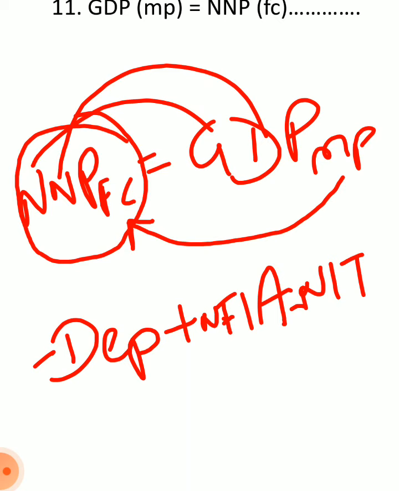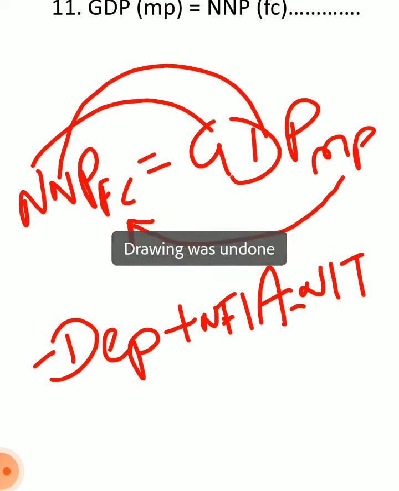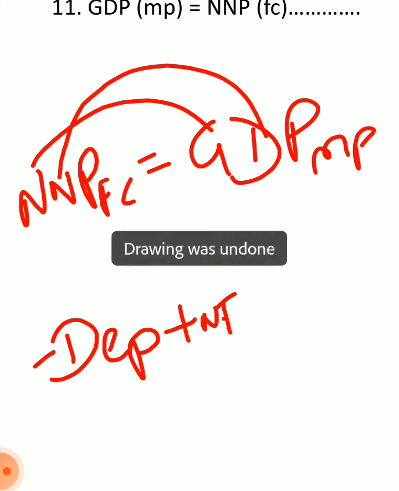So for converting GDP MP into NNP FC, we have to minus depreciation, add NFIA, and minus NIT. This is how the conversion is done.